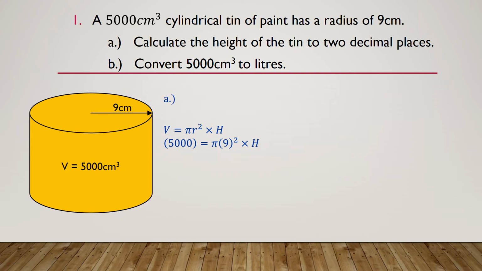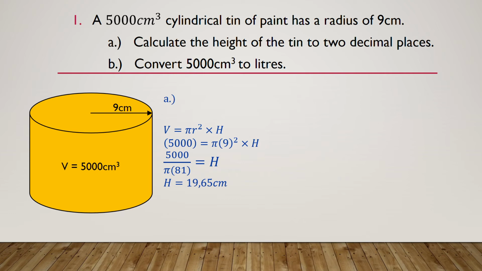Because remember, when you move something over the equal sign, you use the opposite operation. So I'm going to say 5,000 divided by pi times 9 squared, which is 81. And if I plug that into my calculator, I'm going to find that the height is 19,65 rounded off to 2 decimal places.